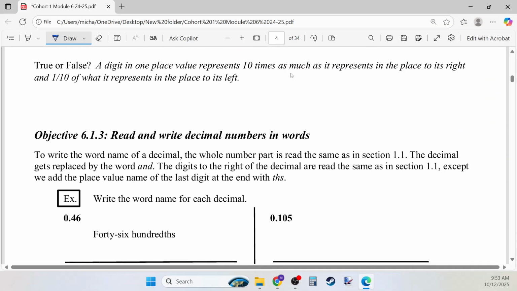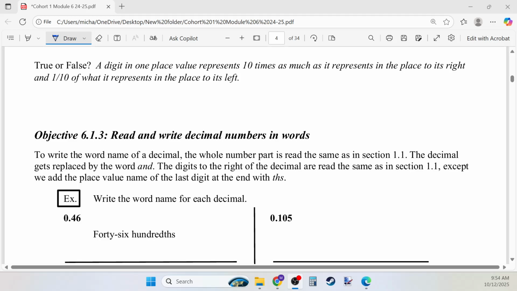So, let's move on to the next problem. Okay. So this question says true or false? A digit in one place represents 10 times as much as it represents in the place to its right, and 1/10 of what it represents in the place to its left.